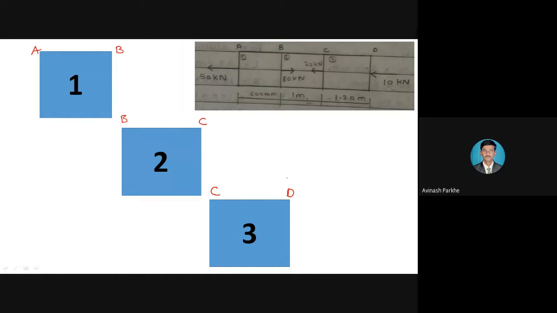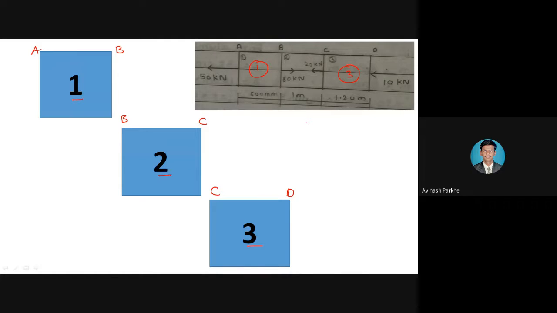So I have drawn section number 1, section number 2 and section number 3 one by one, separated by inclined lines. Now first of all we will think about section number 1 and section number 3. The original figure is also shown on the right side.